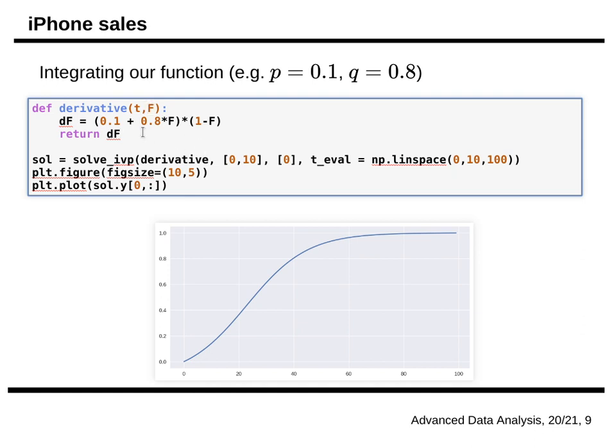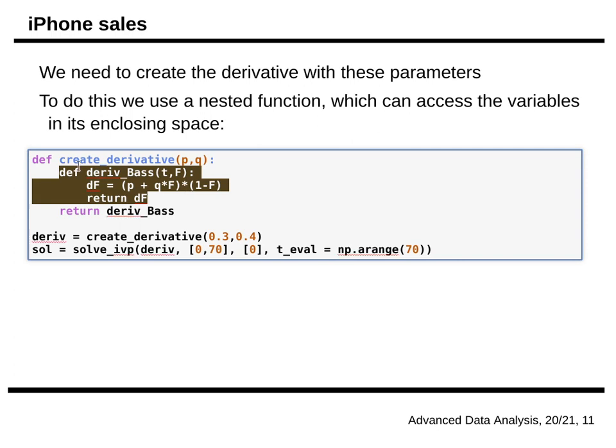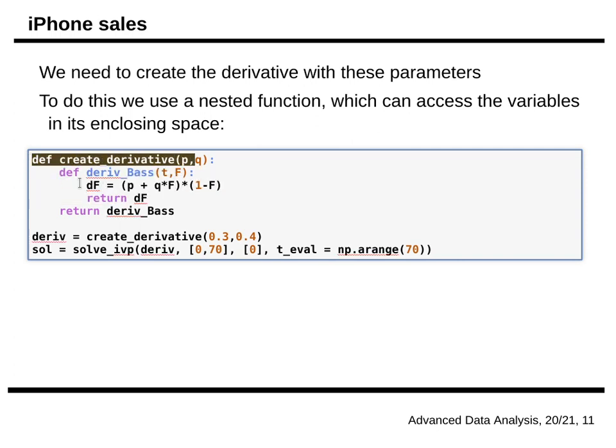So we cannot give this function these parameters that we need, the P and the Q, because it has to have this format in order to fit into the solve IVP function. However, Python allows us to do this easily because we can use a nested function. So this is function closure with Python, because if you create a function inside another function, the nested function can see the local variables of the function that is wrapping it.